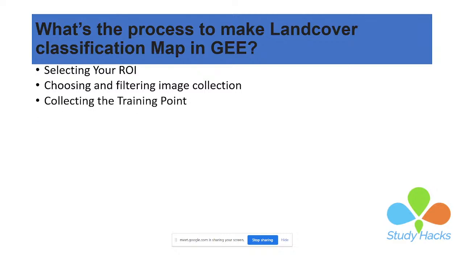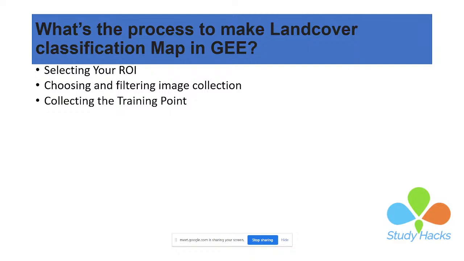The third process is that you need to collect the training points for each class. This is the supervised classification method, so we need to collect the training points from the satellite images. Suppose this is the training point for the water body, this is for the urban area, and this is for the built-up area.